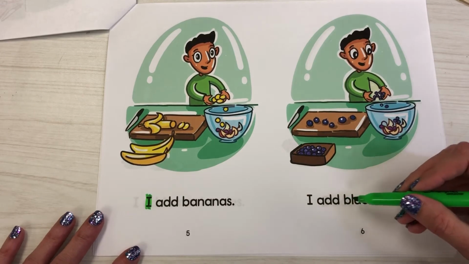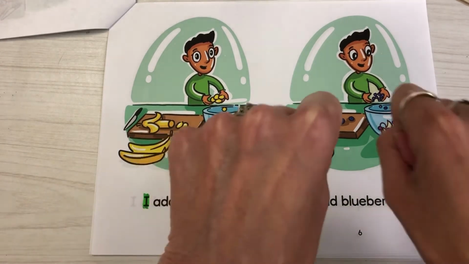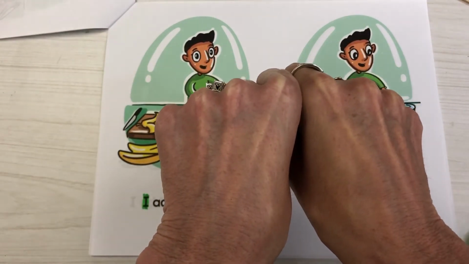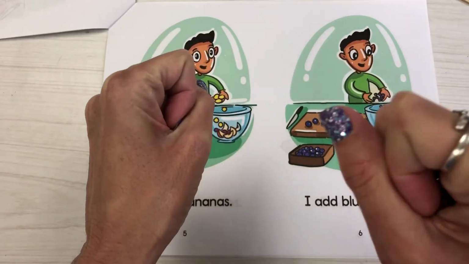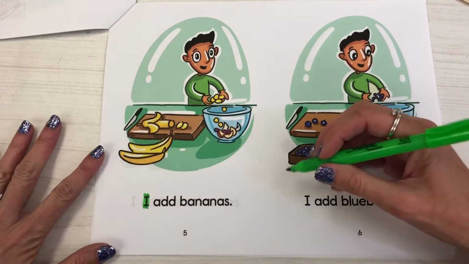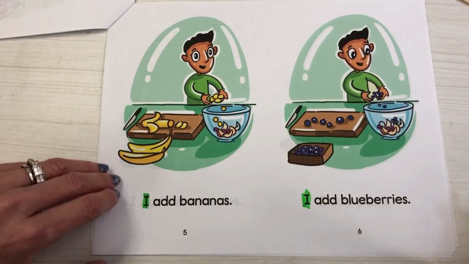I add blueberries. Now, blueberries is one of those words that we can put together, blueberries, and break apart and have blue berries, right? But I know add, that's a sight word. I'm sorry, I is a sight word.